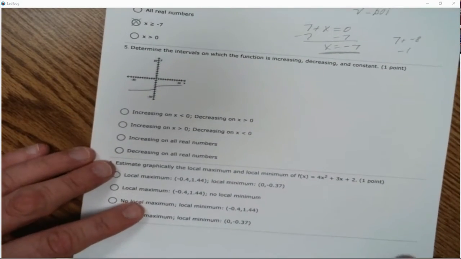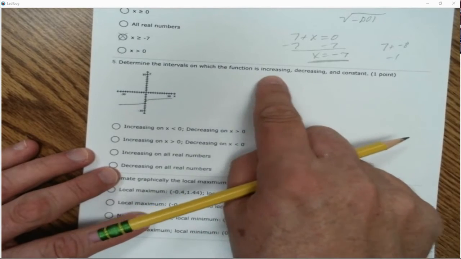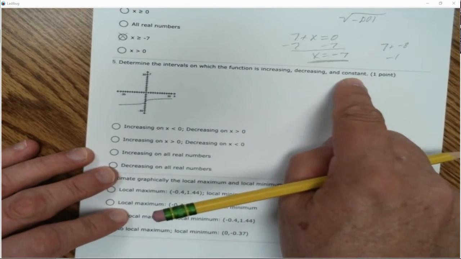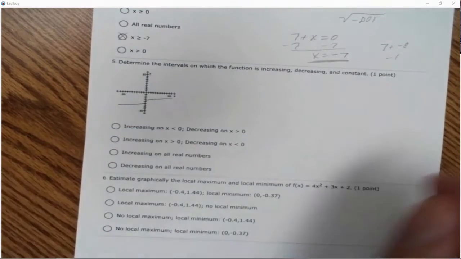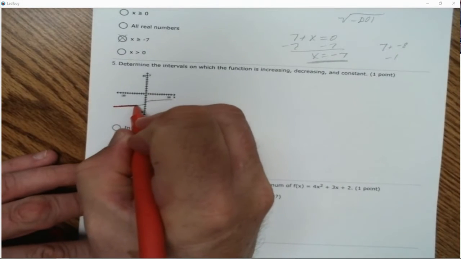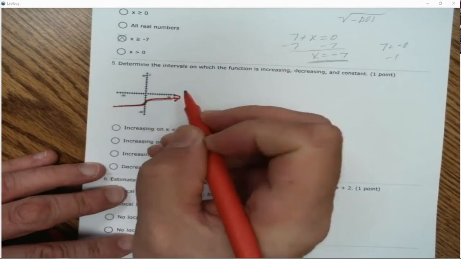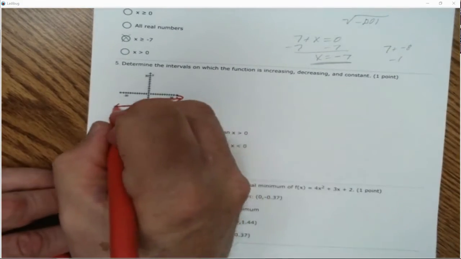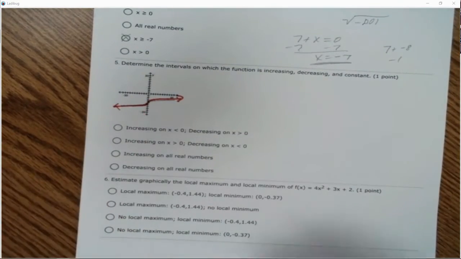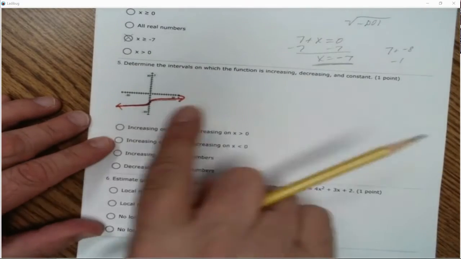All right. So determine the intervals on which this function is increasing, decreasing, and constant. So we have this. I'm going to trace it with a red, make it a little easier to see. So it comes here, and then it kind of curves upward, and then continues on, right? And it goes both directions forever, really. So when we check increasing, decreasing, or constant, we're always going left to right, just like we read, starting at the left and going right.